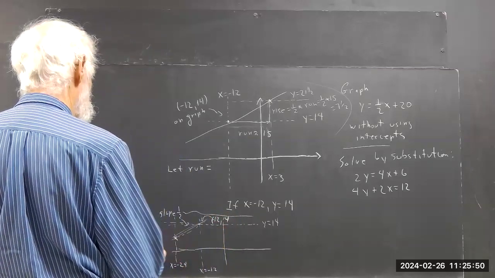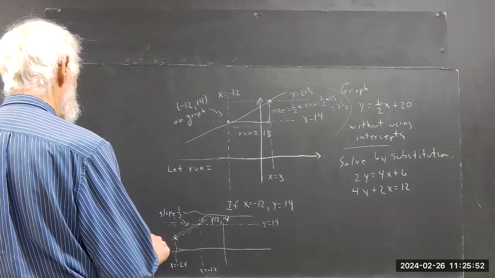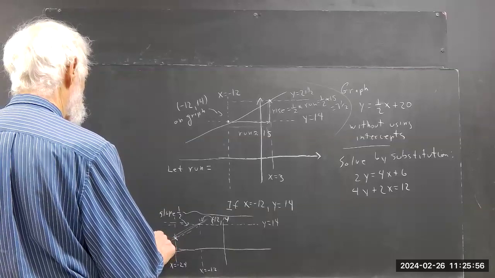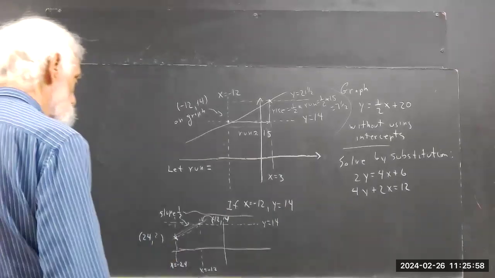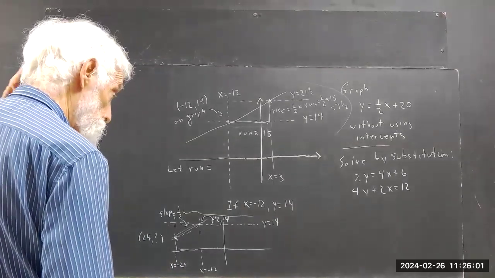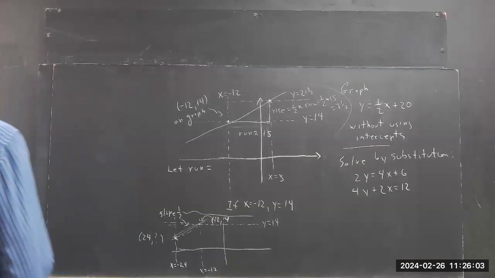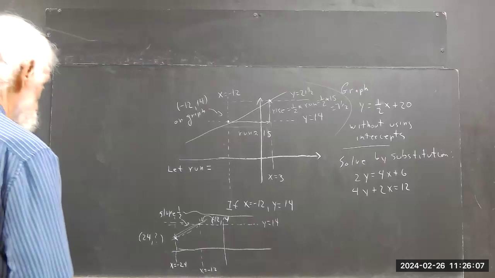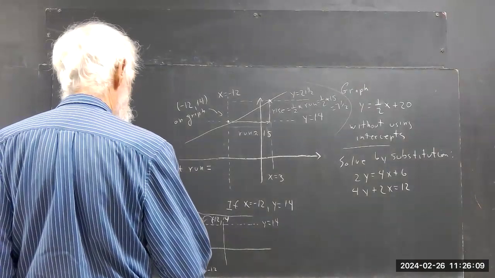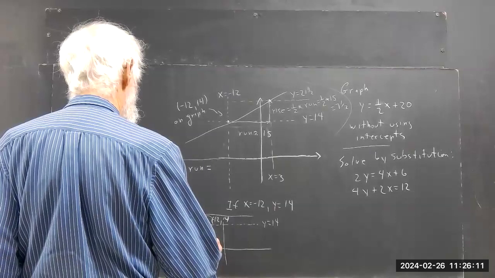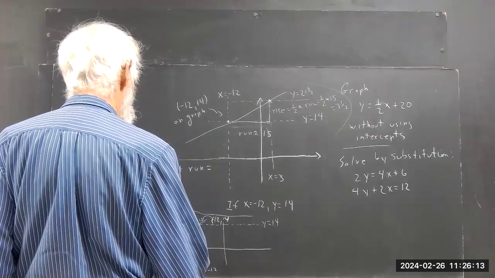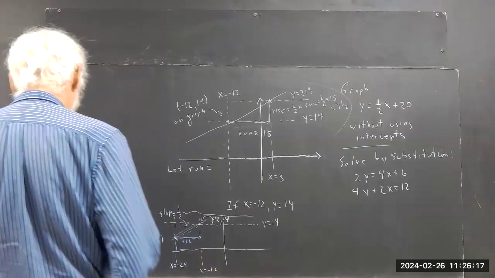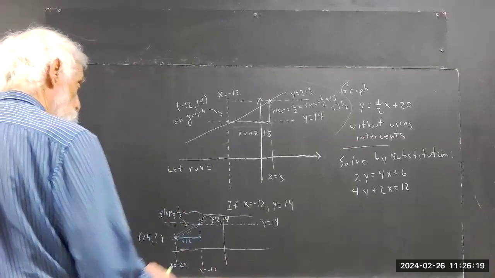And this point would be -24, question mark. And well, two ways we can get this. We know that the run from -24 to -12 is +12.